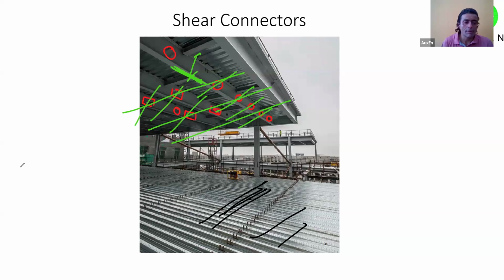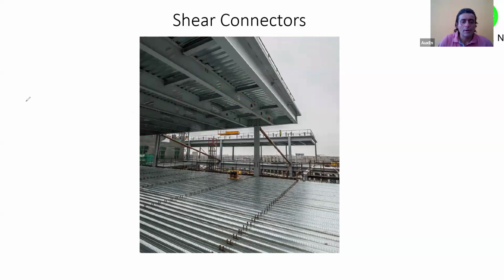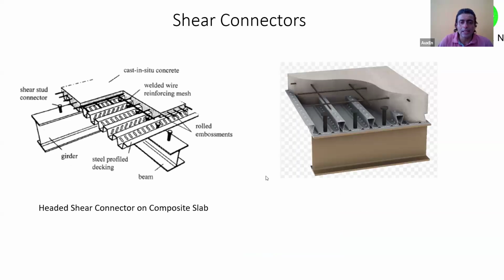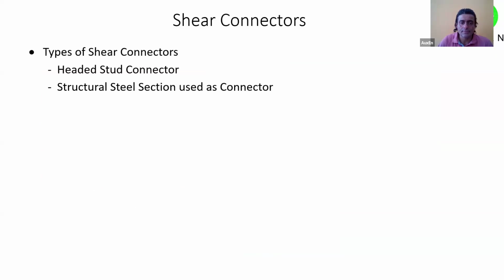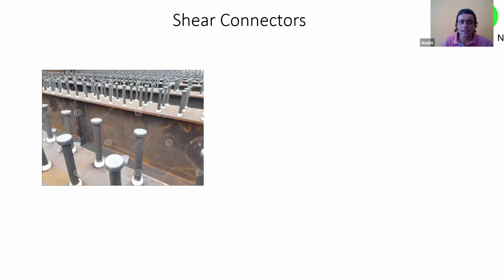One more thing that I would like to tell you. In case of solid slabs, when you are putting stud connectors, how do you do it? First, you will put the stud connector like this. Then you will put the formwork for the solid slab, and then you will do the concreting. Understood?